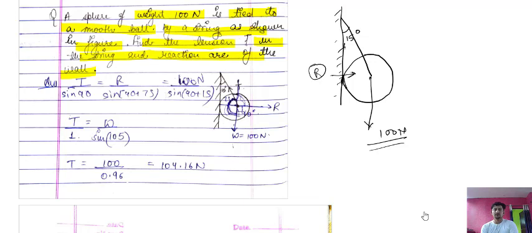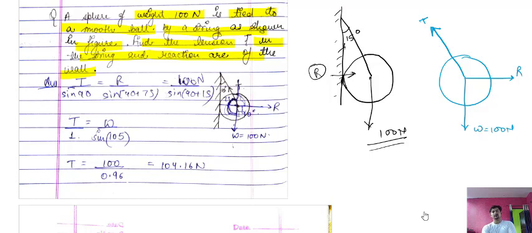Now when we have this diagram, first of all you will make its free body diagram. So this is the sphere. Okay, now from this center one reaction force is going here, and one weight force, that is 100 Newton, is acting like this, and in this string there will be a tension.